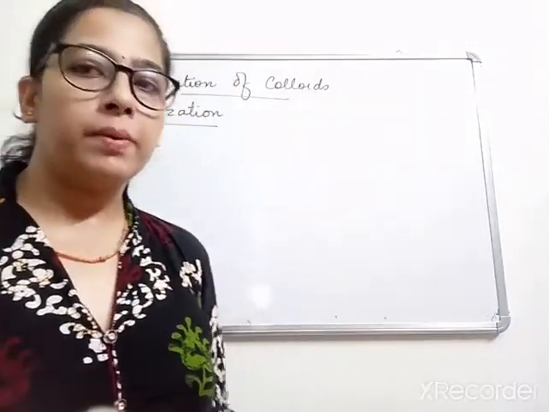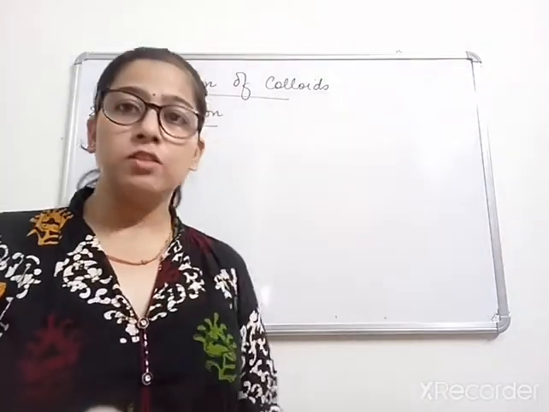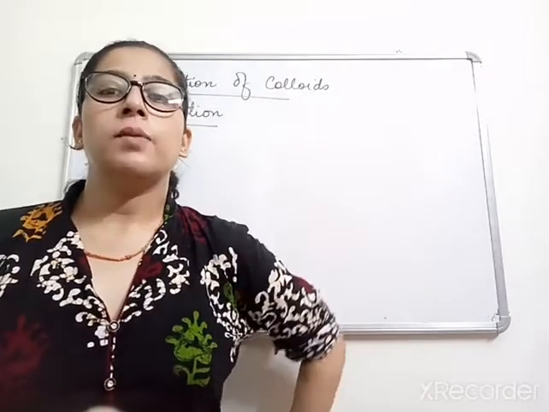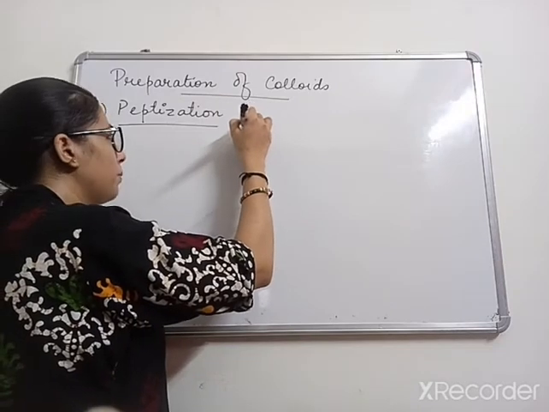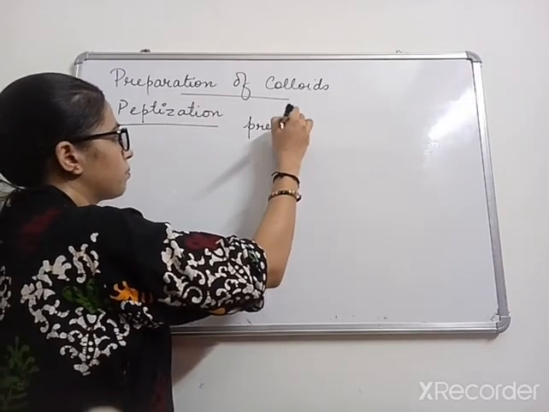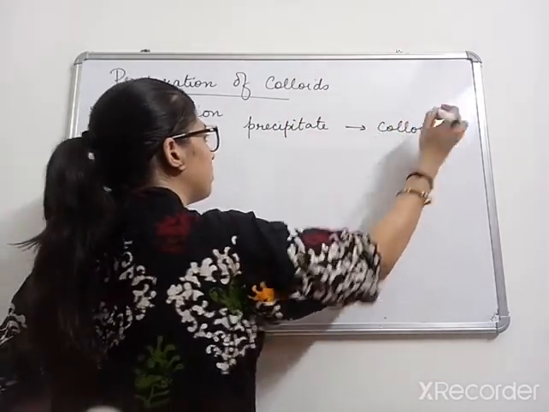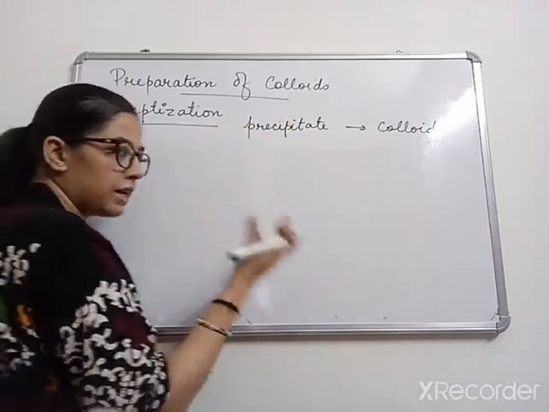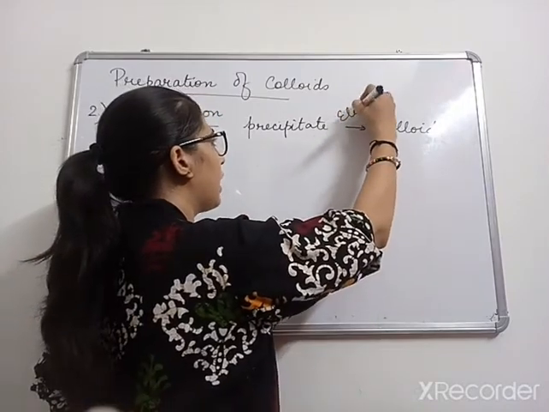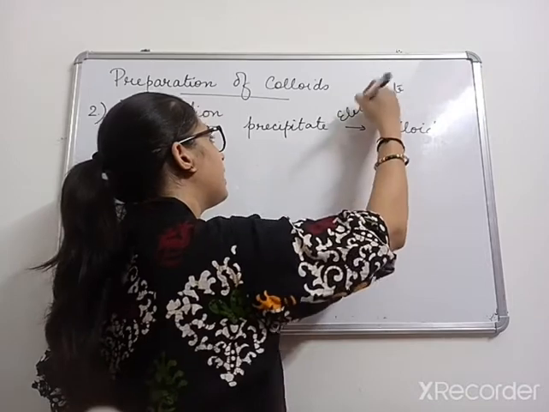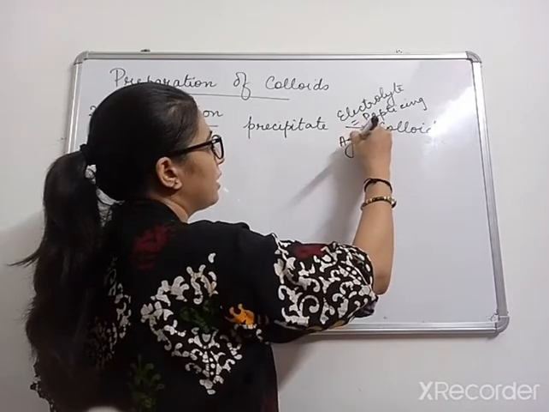The second method to prepare a colloid is peptization. Peptization is a process by which we make a colloid: we make a freshly prepared precipitate, and the freshly prepared precipitate is converted into colloid. ठीक है, प्रेसिपिटेट मतलब वो पार्टिकल नेक्ड आई में दिखते हैं, उसी को एक कोलॉइड में कन्वर्ट कर देंगे, ब्रेक डाउन कर देंगे by adding an electrolyte, and the substance added, the electrolyte, is called the peptizing agent.